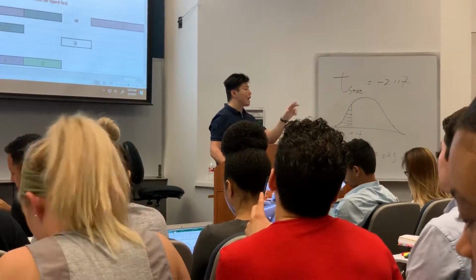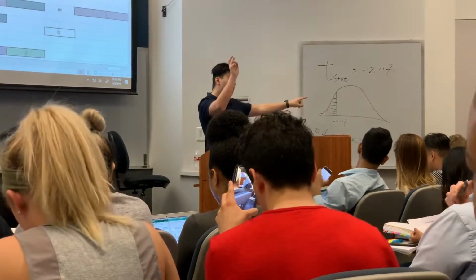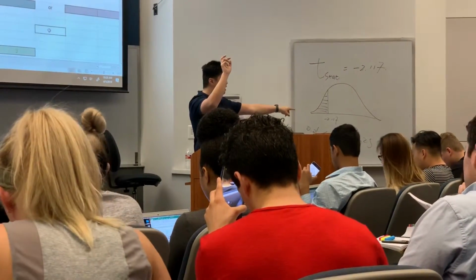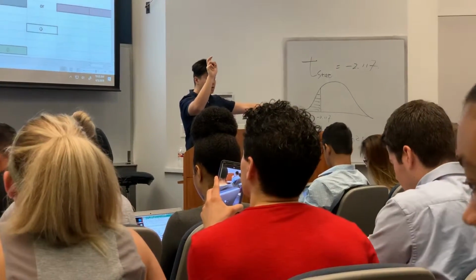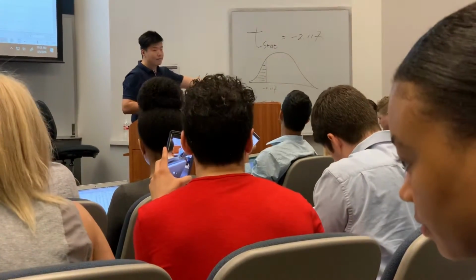That is how we locate this number, and we go up to find the probability. So that gives me 0.01 to 0.025.